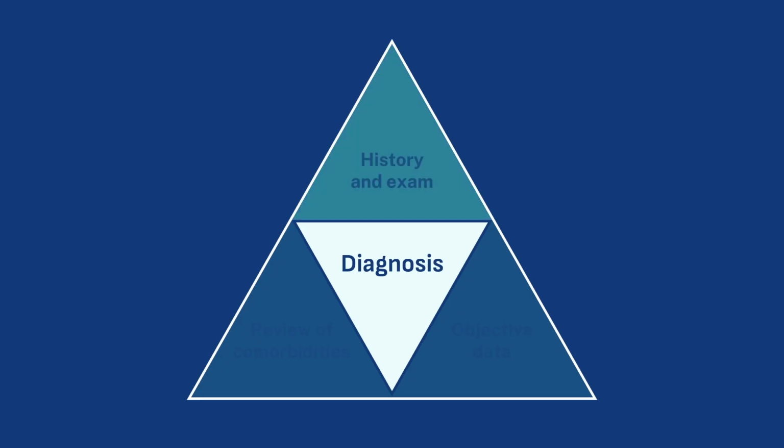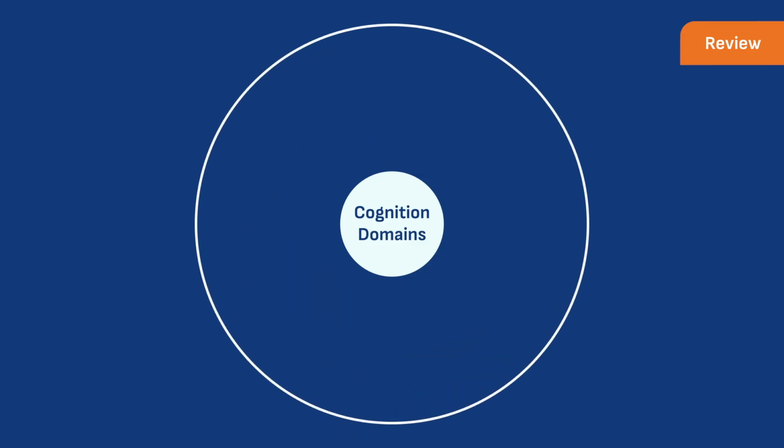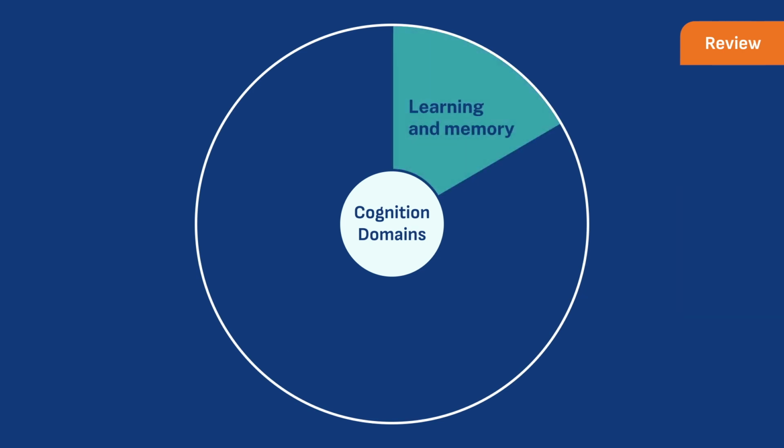Let's talk about the first component in making a diagnosis: history and exam for both cognition and function. Let's pause for a second and do a quick review of what we mean by cognition and function. For cognition, the DSM-5 lists 6 domains to consider. It's easy to think only of memory here because memory loss is a very common symptom of the most prominent cause of dementia, Alzheimer's disease.